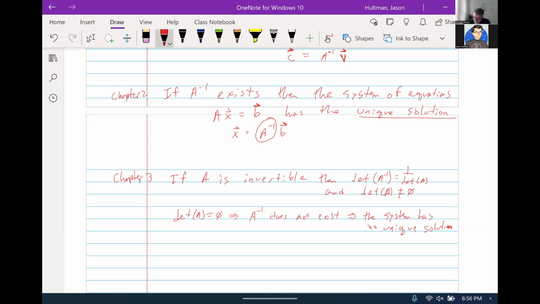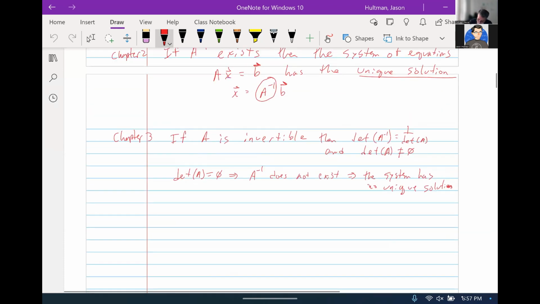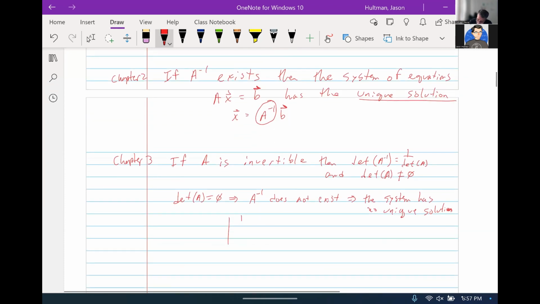So instead of trying to solve this for C1, C2 in terms of X and Y, we're just going to ask ourselves, is A invertible? And how would we know? If the determinant is not equal to 0, then it's invertible. So we just need to find the determinant of 1, 2, 1, negative 1.